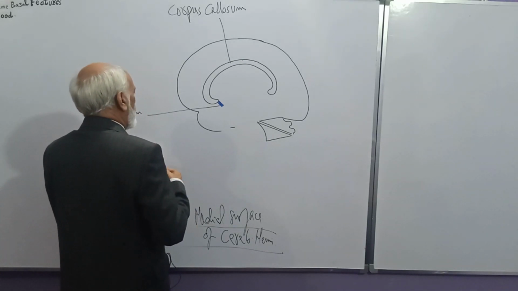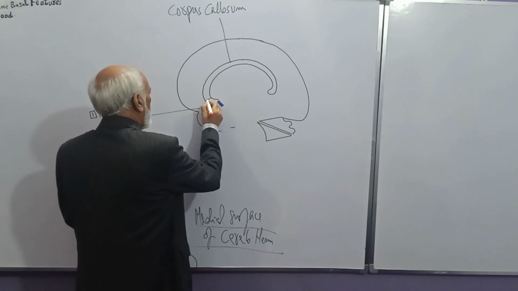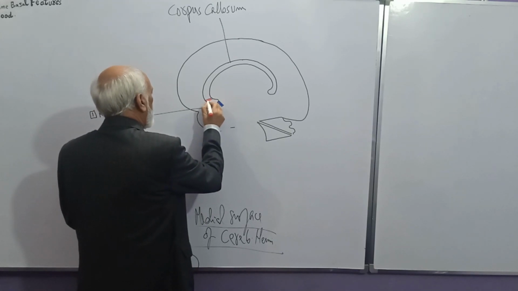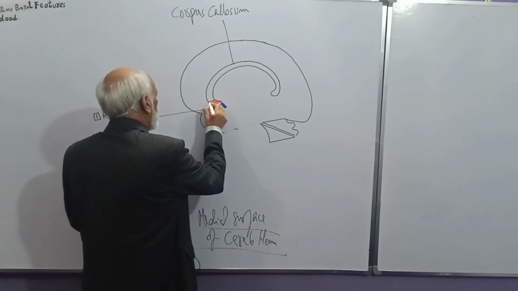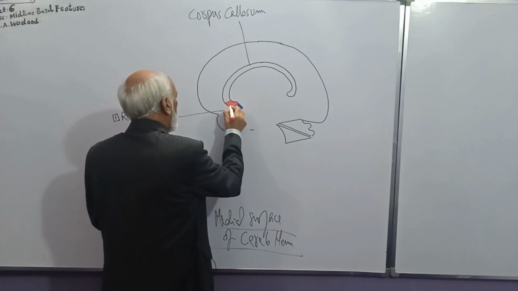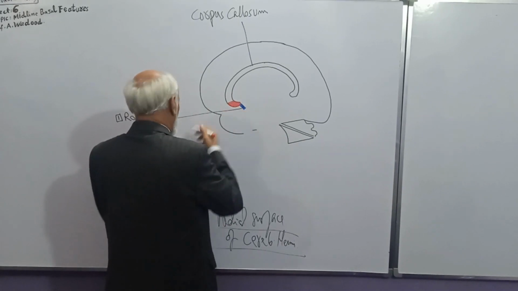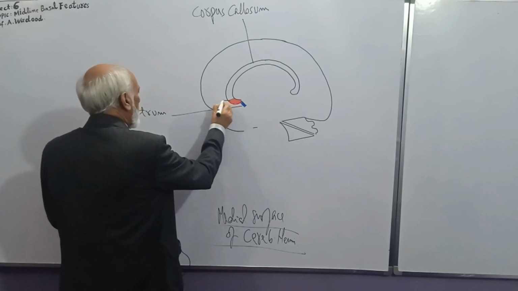Next to the rostrum, this curved anterior end of the corpus callosum is known as the genu.